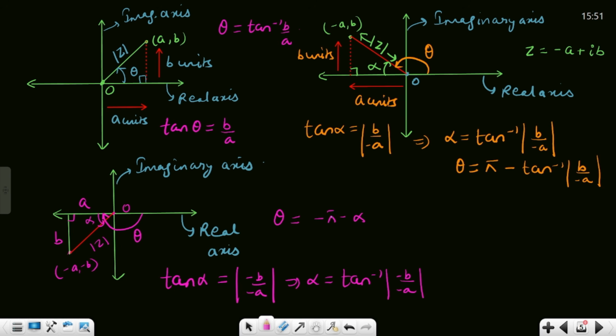So we have to take minus pi. From upwards, from here to here it is pi, and from downwards, if we are moving in the direction of the clock, then you have to take minus only, so minus pi. Then theta will be minus pi minus alpha. So my argument will be minus pi minus of tan inverse under mod minus b upon minus a.